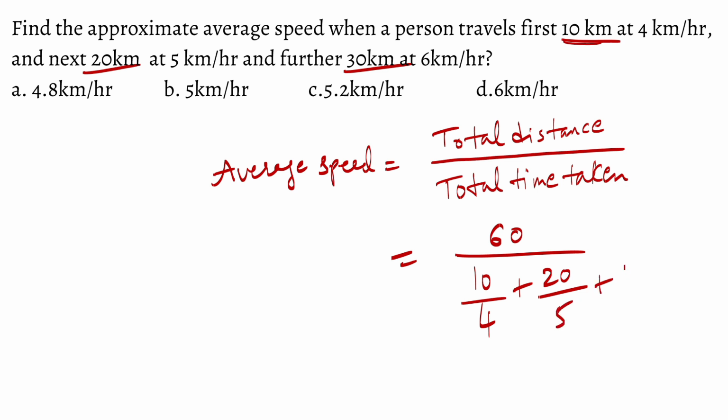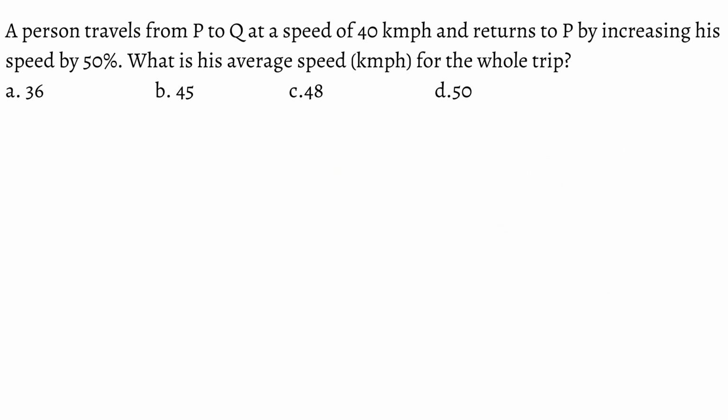In the third case, distance is 30 kilometers and speed is 6. Take LCM, and after solving we get 5.2 kilometer per hour. So 5.2 kilometer per hour is the approximate average speed of the total journey. Let's move on to the next one.